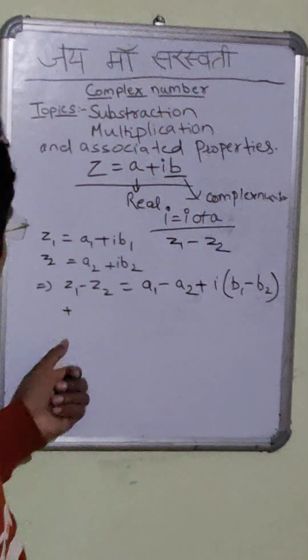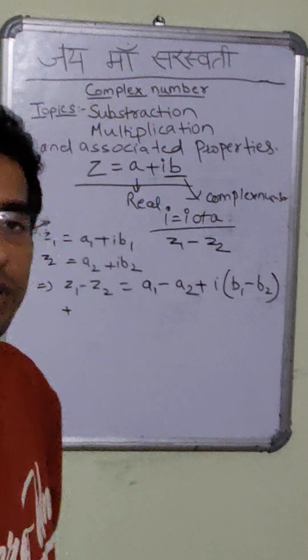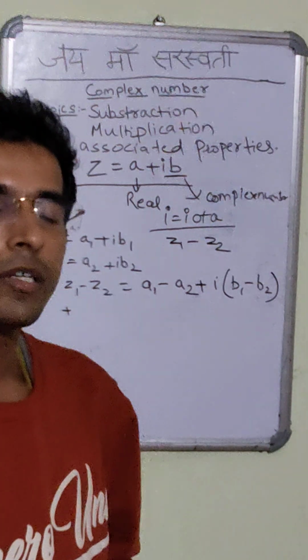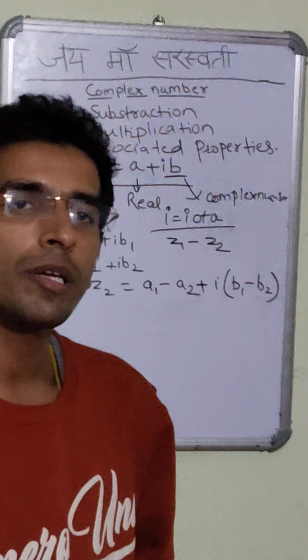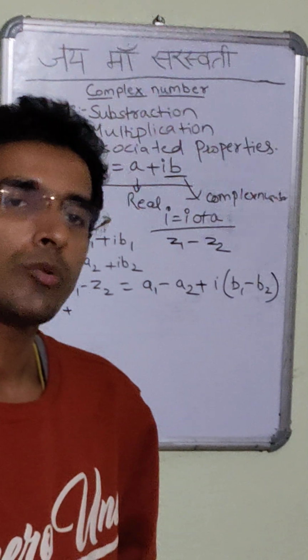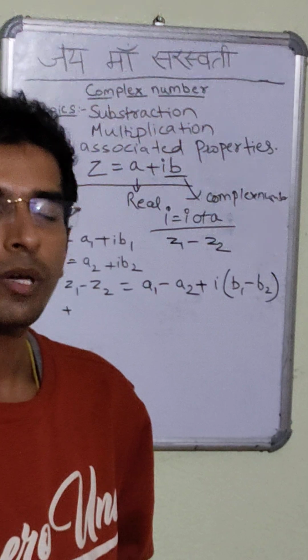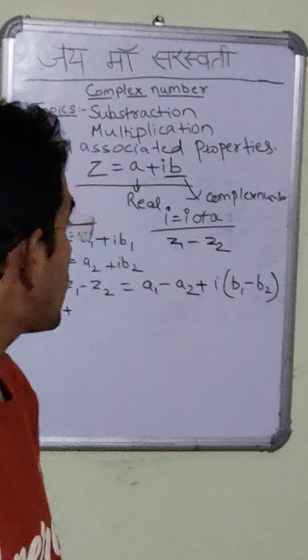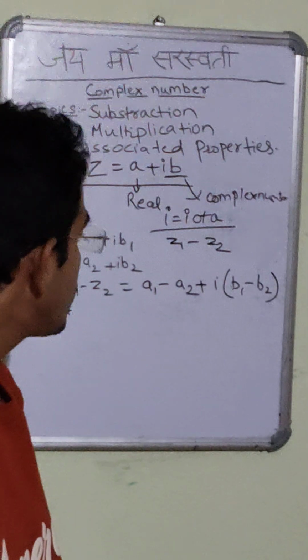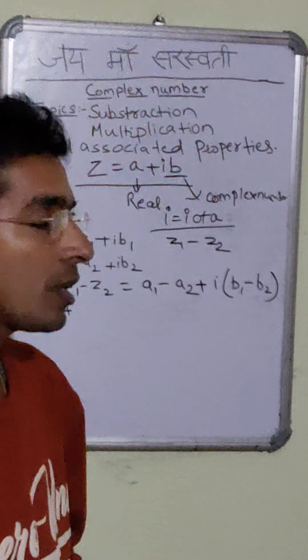So we have seen how to subtract two complex numbers. We took z1 is equal to a1 plus ib1 and z2 is equal to a2 plus ib2, and used the basic principle of subtraction.